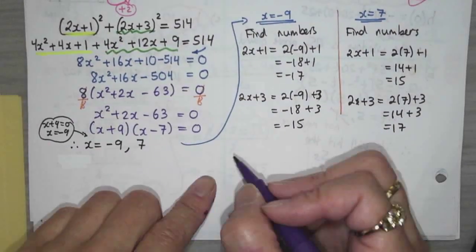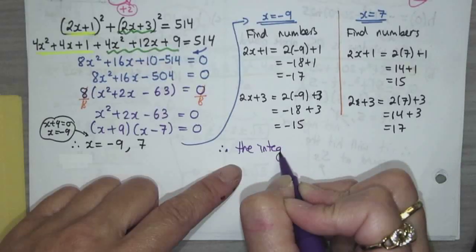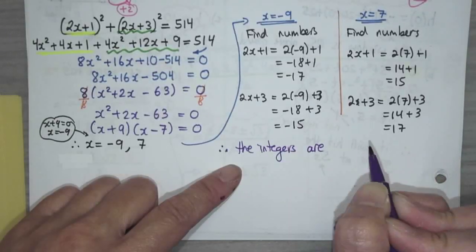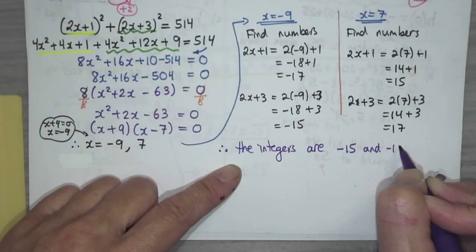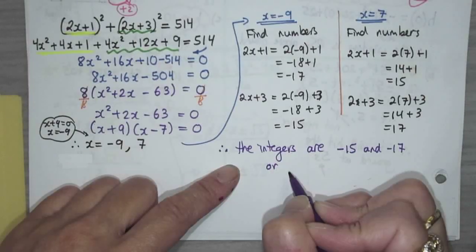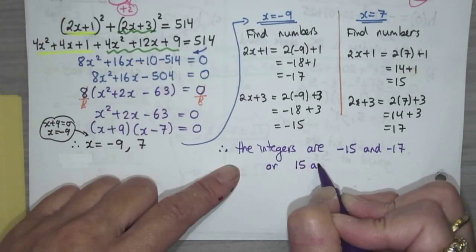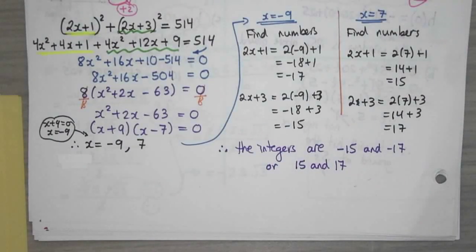So you're going to say, therefore, the integers are -15 and -17. That's a set. Or 15 and 17. That's a set. Do you see how that makes more sense in the sentence? If you list all 4, they're not all consecutive.